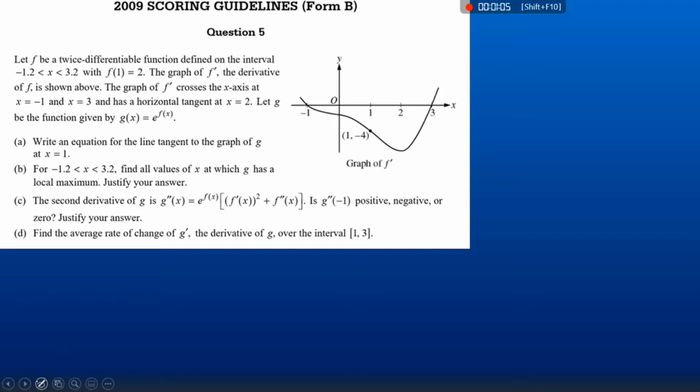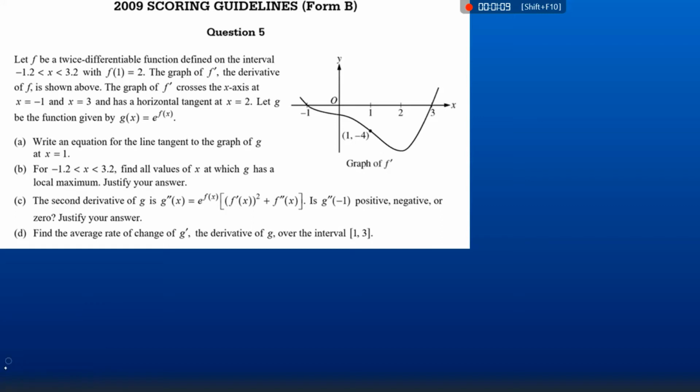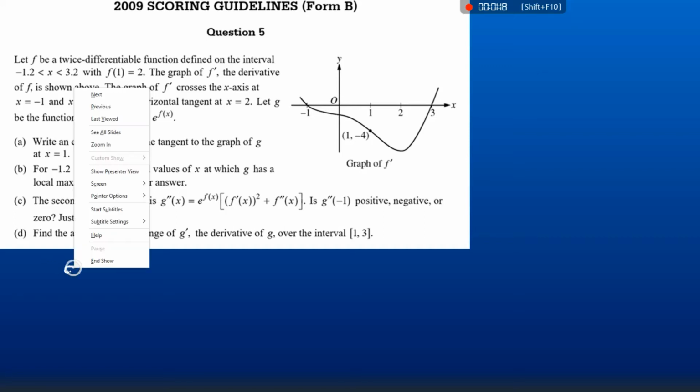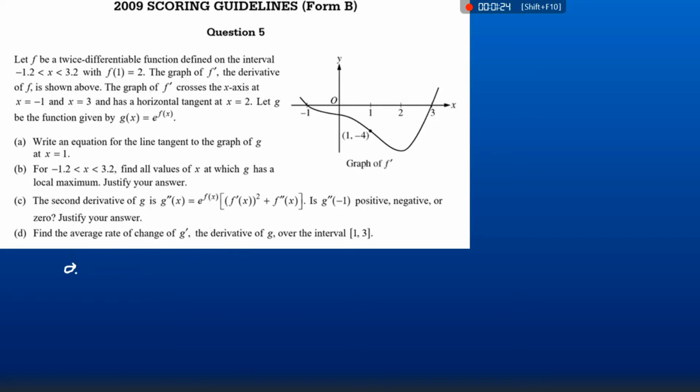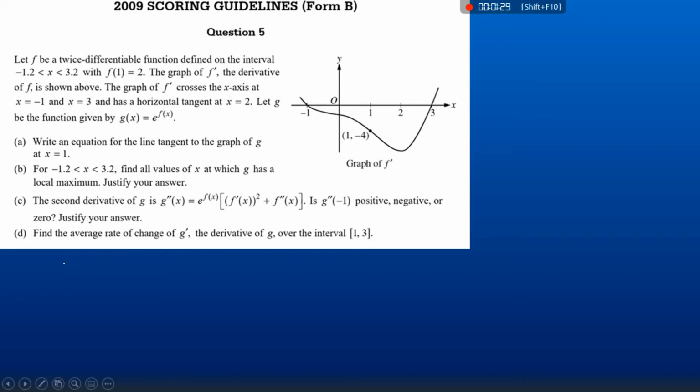G prime 1. Okay. So for tangent lines, I need g prime, and I need what else? And the g of 1 value, and yeah, that's it. Alright, so what can I do for g prime 1?